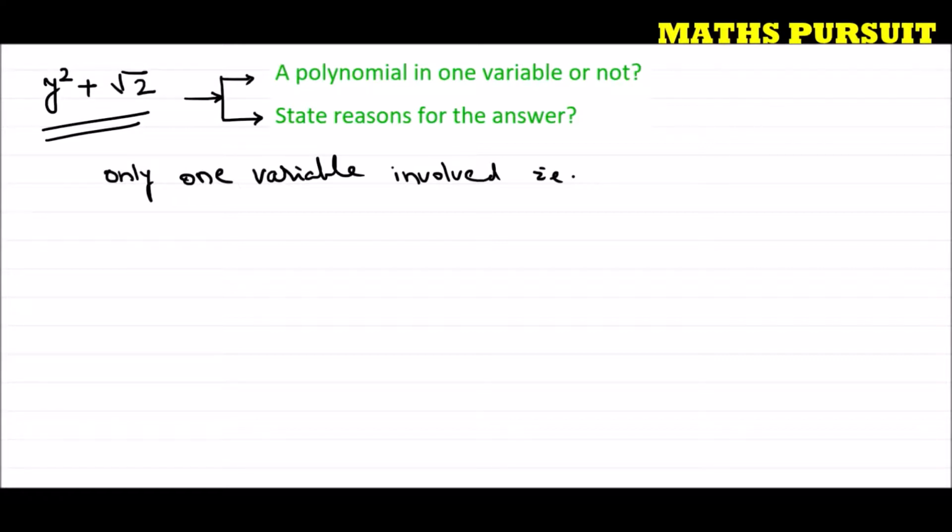The first part, the question is asking us to tell whether it is a polynomial in one variable or not and state reasons for the answer.